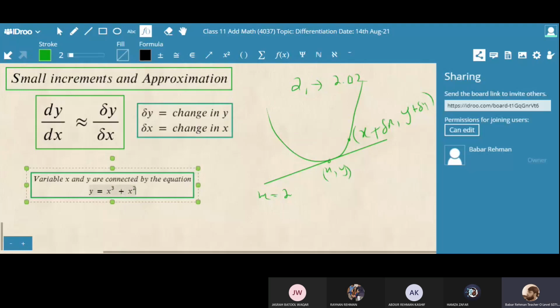So now the question is: find the approximate increase in y. I write the formula.